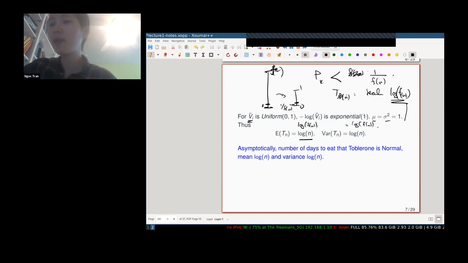You can also play with the distribution you pick for the jumps. Instead of picking uniform 0, 1, let me pick something else, and this is what people do. They pick something like a beta(a, b), some distribution supported between 0 and 1.